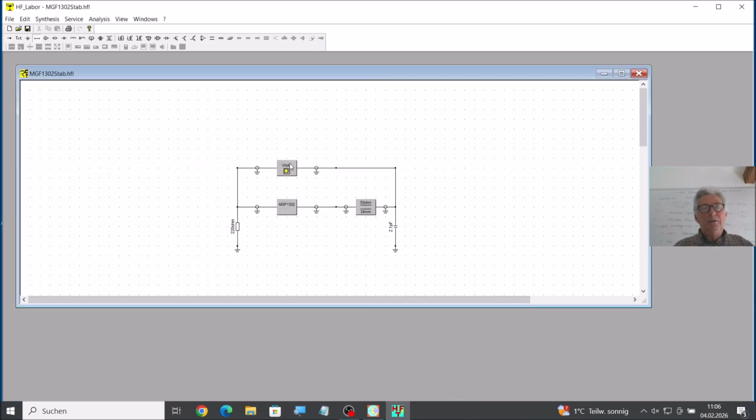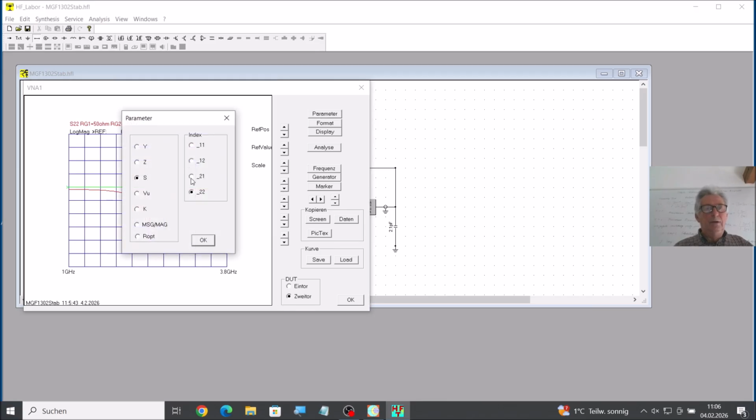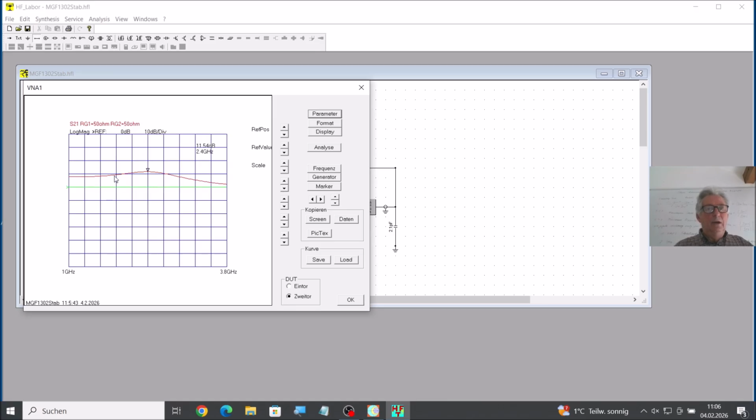And of course, then I can also have a look, for example, at the parameter S21. So you see here the parameter S21. We have here already reached an amplification of 11.54 dB, but it's still not the 14 dB we expect to get here.